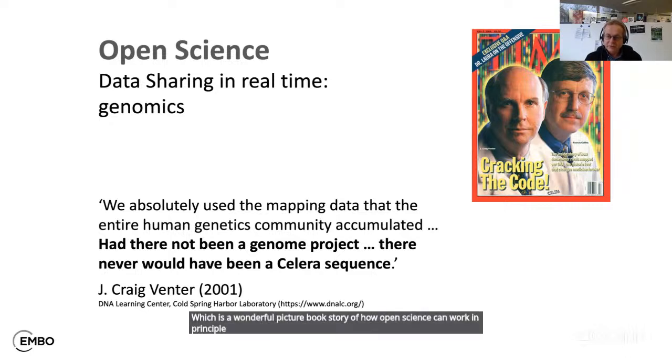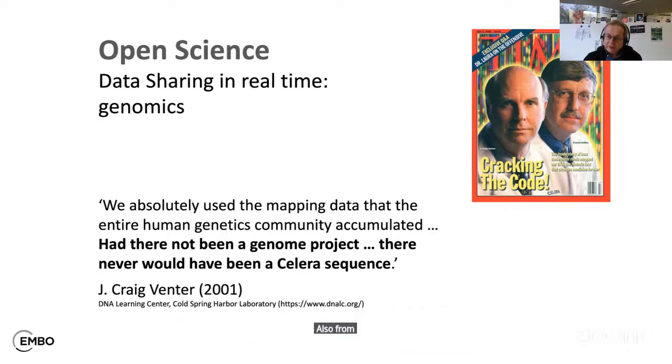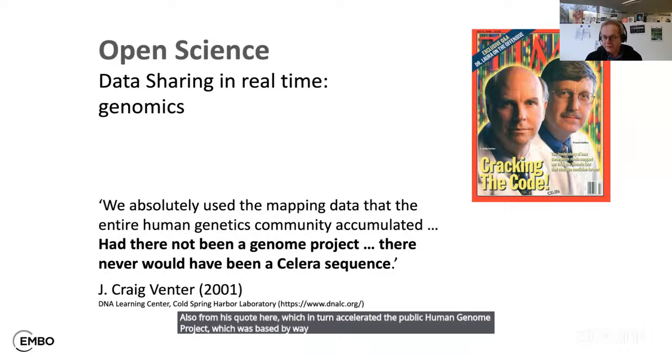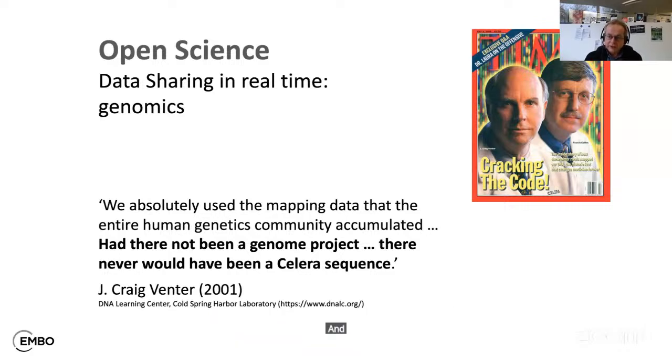The process was massively accelerated by sharing information 24/7, which allowed Craig Venter from Celera to do shotgun sequencing, which he couldn't have done without the 24/7 release, as you see from his quote here. This in turn massively accelerated the public Human Genome Project, which was base-by-base sequencing, because they were under massive pressure to perform. And it came in under cost and in time, basically because of that.